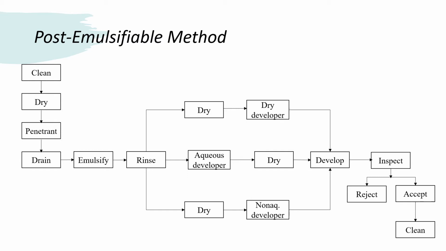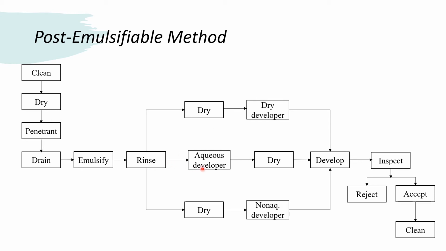If I look at the method, first is clean, then dry, then penetrant, then drain, then emulsify. After the emulsify, go for the rinse. From here it is divided into three parts, similar to the water washable method: aqueous developer, non-aqueous developer, and dry developer.